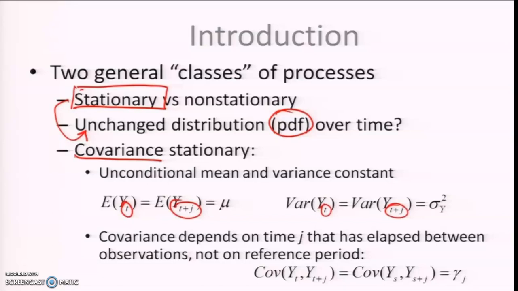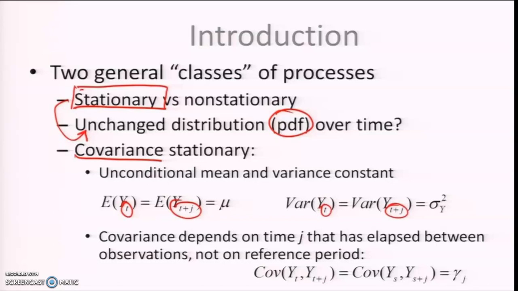And we may also be using various procedures to test for stationarity of the time series. And we may use the less stringent form of stationarity, which is known as covariance stationary. And under covariance stationary, the unconditional mean and the unconditional variance remain the same.